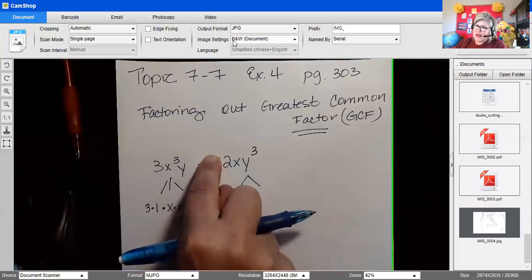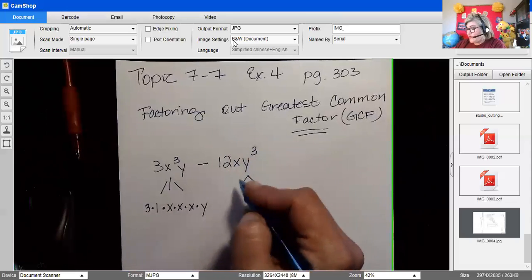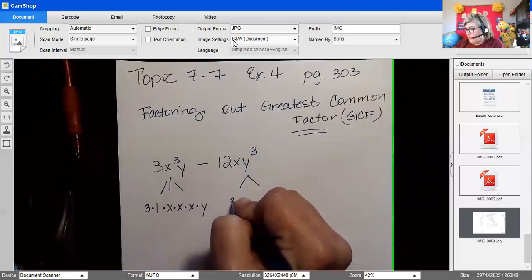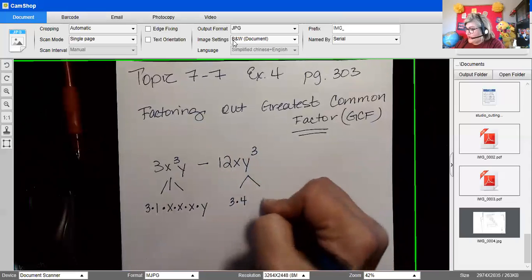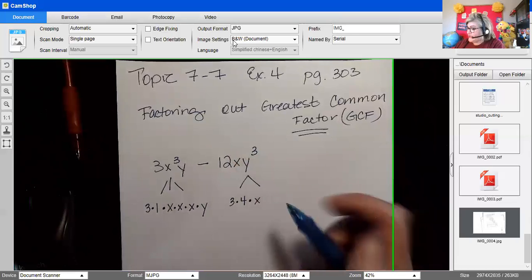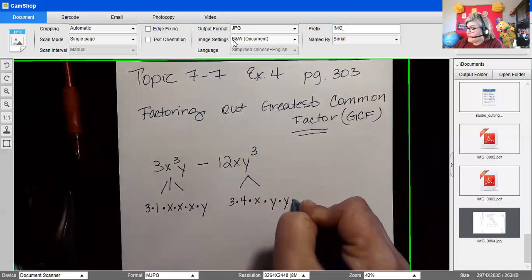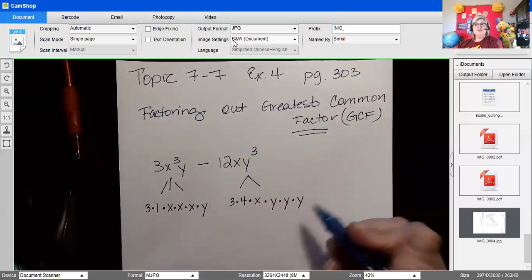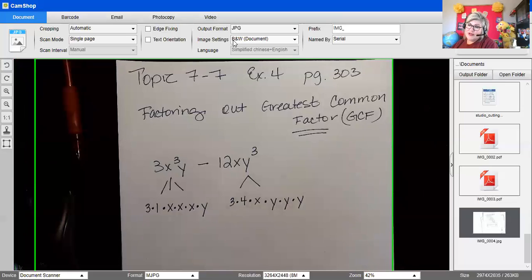We'll deal with it in a minute. But can 3 go into 12? Well, you're probably saying, yeah, it can go 3 times 4. Now, for the variable part, times x, because there's only one x, times y, times y, times y. So y times y times y equals y to the third.